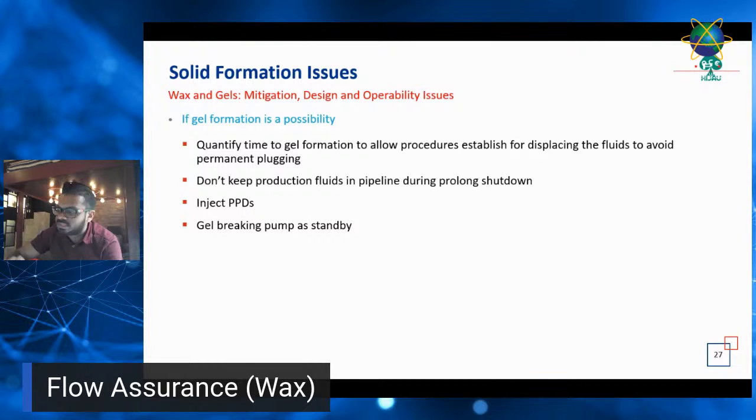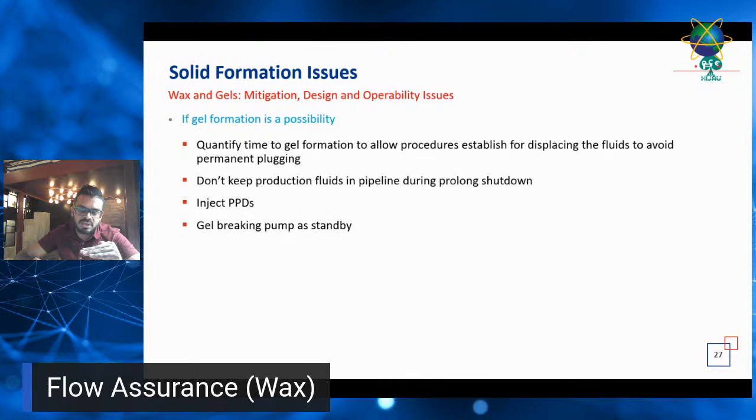When your pipeline starts to shut down, the temperature profile of your flow line will reduce, as heat will be released from your flow line due to the cold ambient temperature, and so your fluid will cool down.